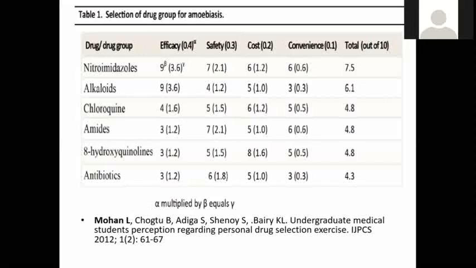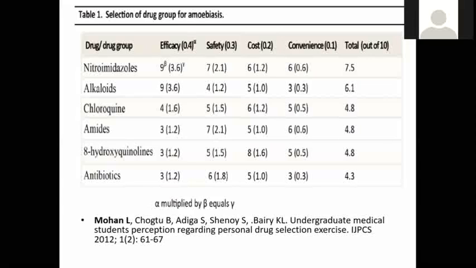So we can read thoroughly about the individual drugs and give points accordingly. For cost, we can look at the treatment cost for the particular disease. There are many brands, so we can take the average cost. We will see later how they make the cost table. For convenience, many nitroimidazoles can be given once daily, so we can give points accordingly.